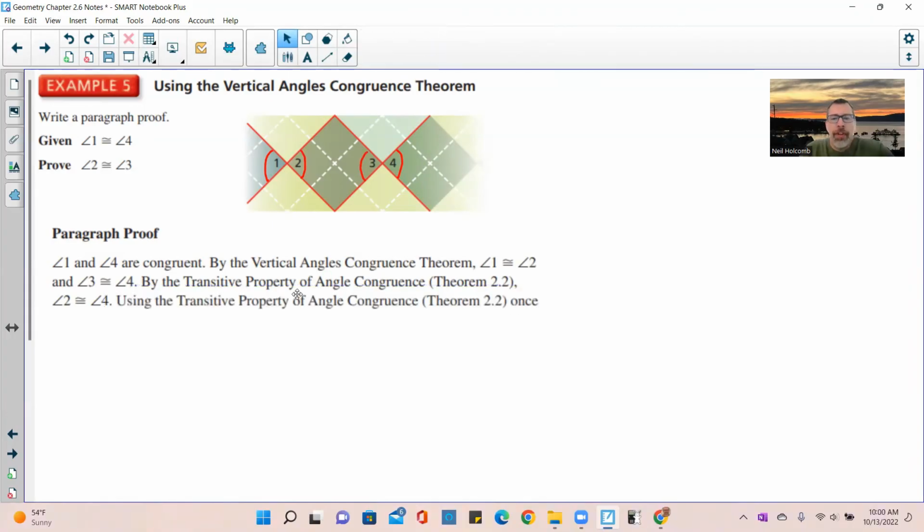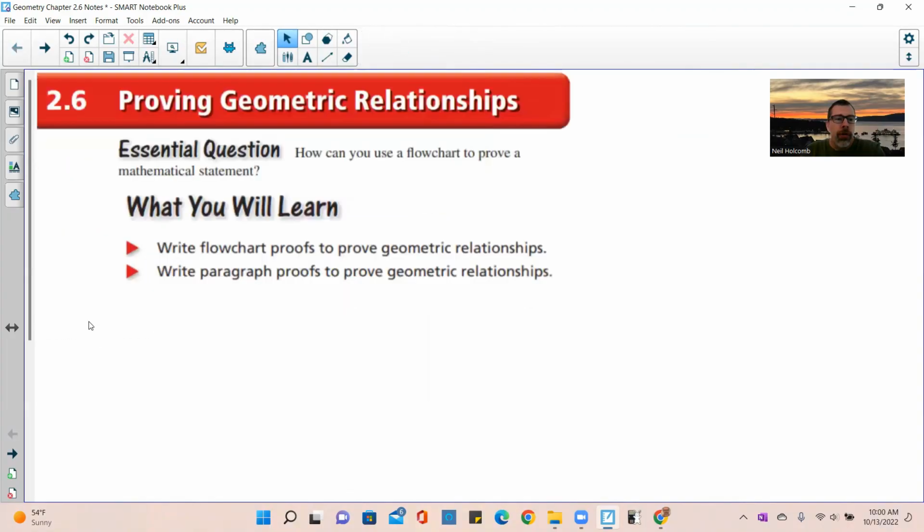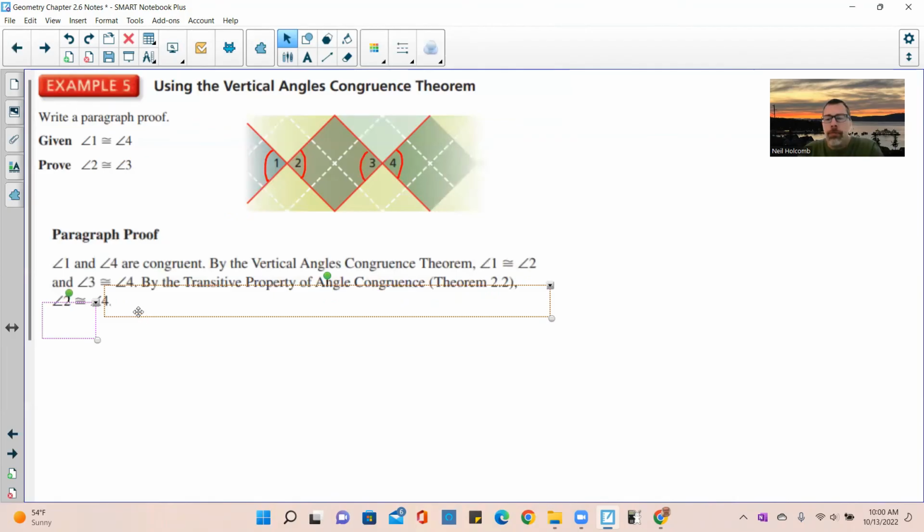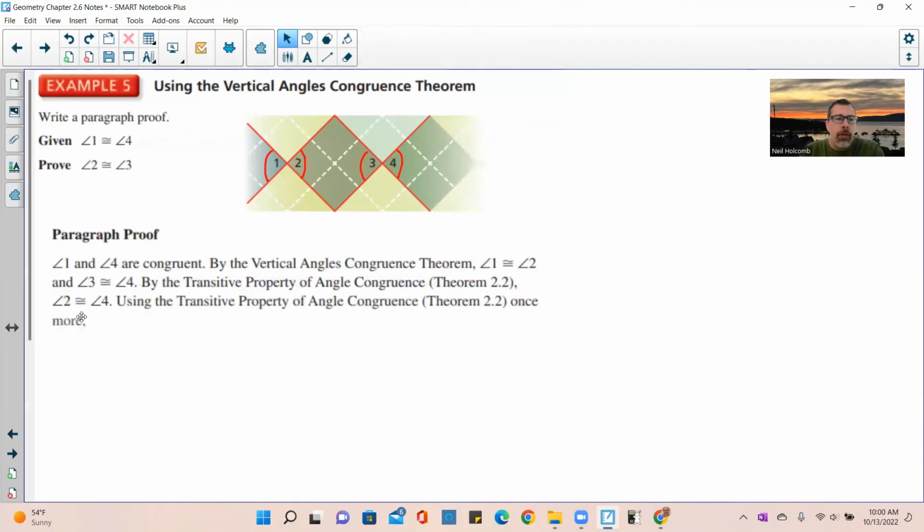Using the transitive property of angle congruence theorem 2.2 once more, then we can say angle 2 is congruent to angle 3. And that's what we're trying to prove.